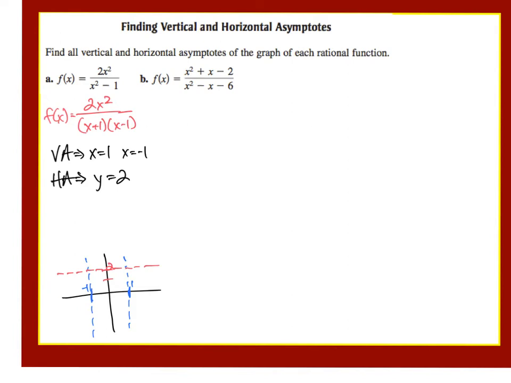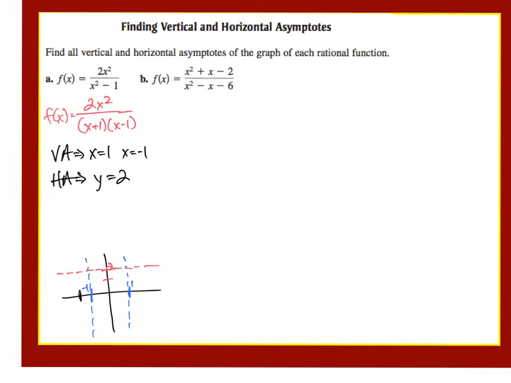So the options, it could do something like this, or something like this, or it could do something like this, or it could even do something like that, or this, or this. And we got to figure out what it's doing. All right. So let's pick something left of negative 1. What would you choose? Negative 2 sounds great. All right.